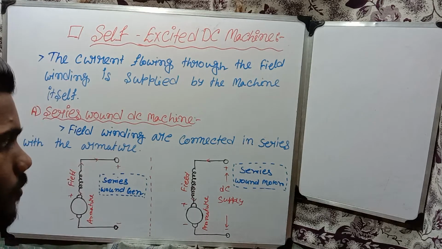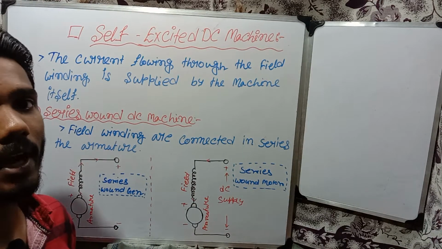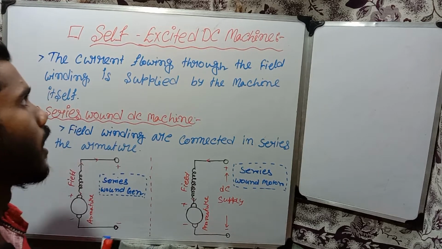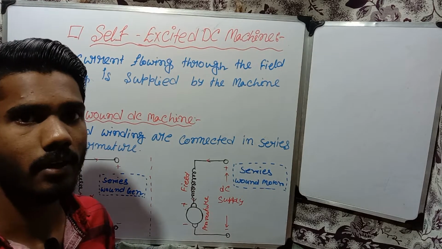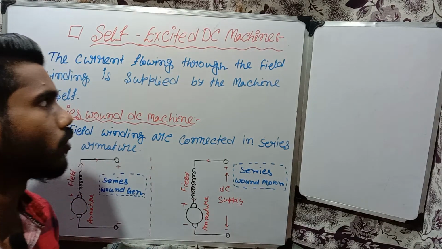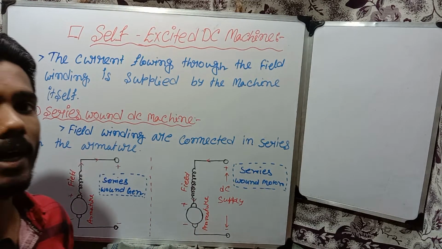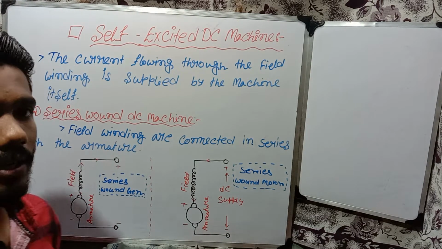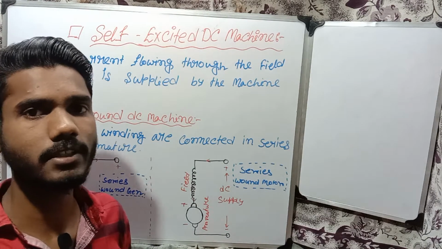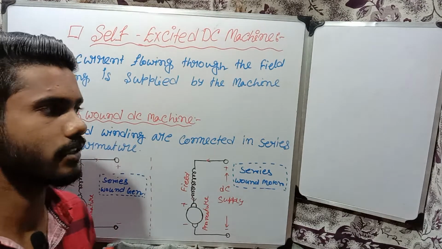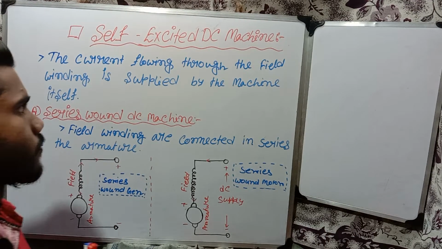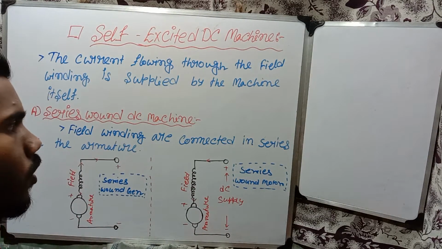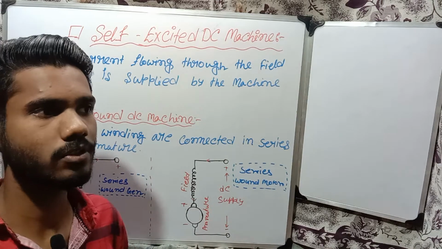That means the supply given to the field winding is also supplied by the armature of the machine, then we call this machine a self-excited DC machine. Okay. So the self-excited DC machine we can divide into three parts.